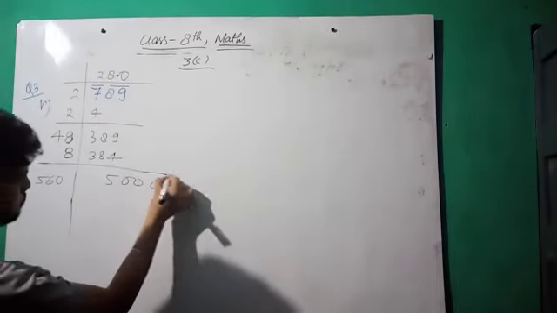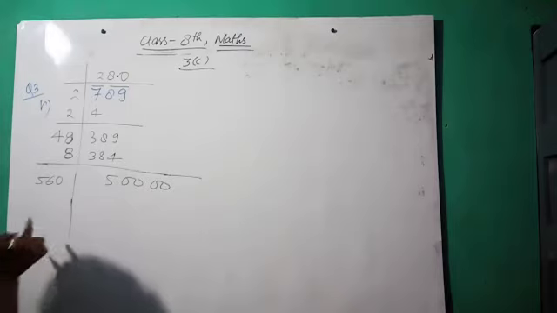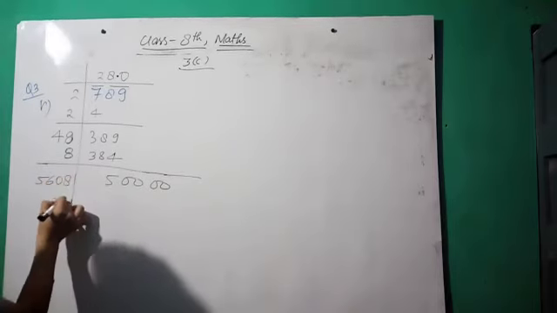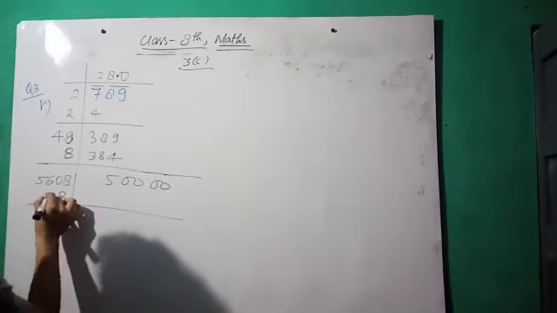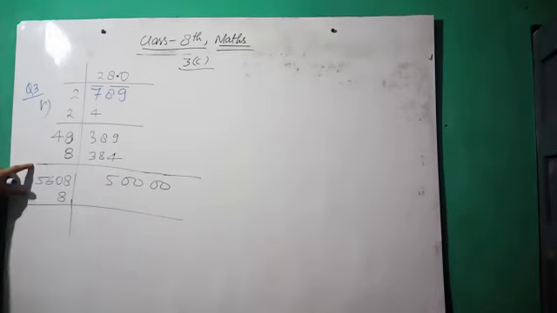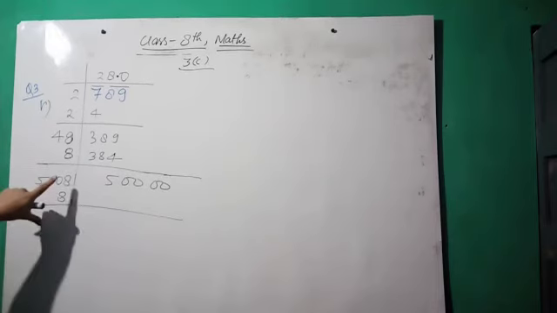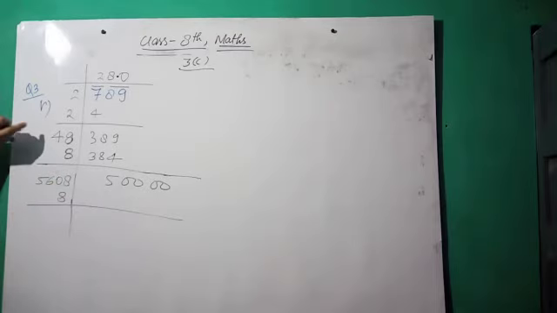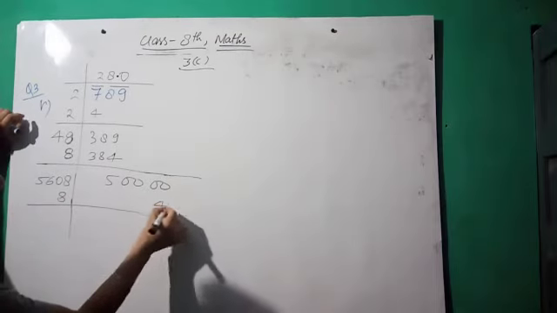Now we can take 00 here. Now multiply it by 8. At least you have to remember this thing: the multiplication of both the numbers must be less than this number. This is the only required thing here.